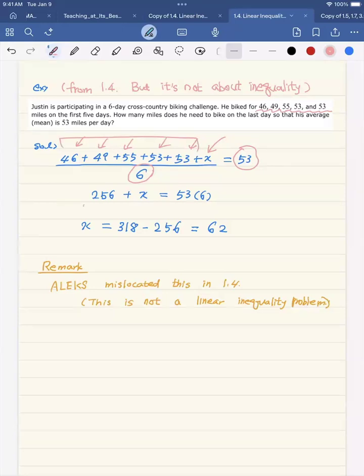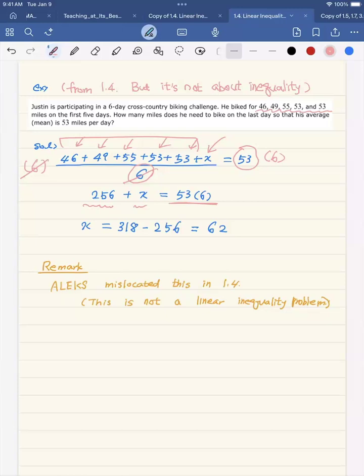That is 256 plus x over 6, and I multiply by 6 on both sides. So the 6s cancel each other. And on the right side, we have 53 times 6.